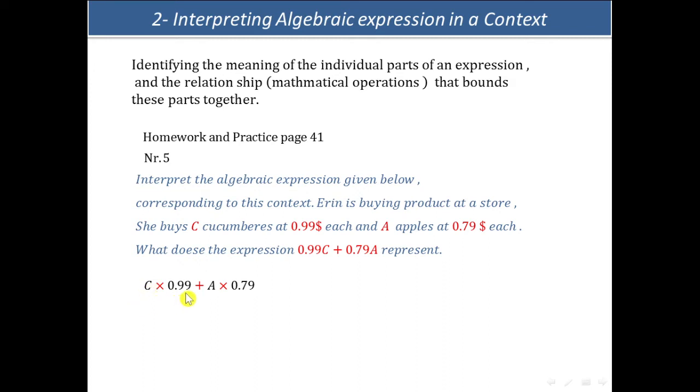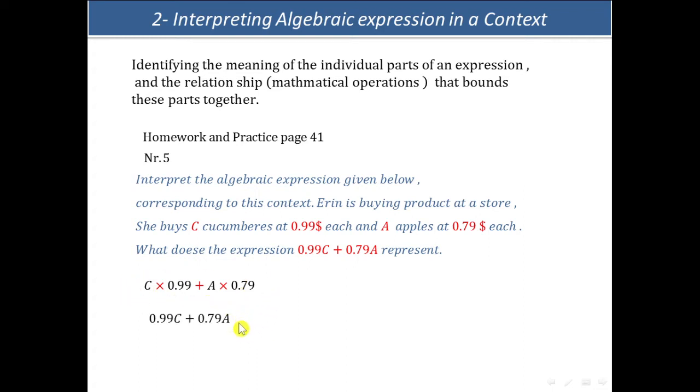C multiplied by 0.99 plus A multiplied by 0.79, with multiplication here, because you multiply the price by the number of cucumbers. If I go to the shop and I buy 20 cucumbers and 10 apples, so 20 times this price plus 10 times this price, I shall determine accurately how much I have to pay for 20 cucumbers and 10 apples according to this equation, okay?